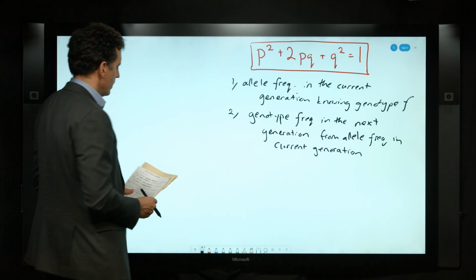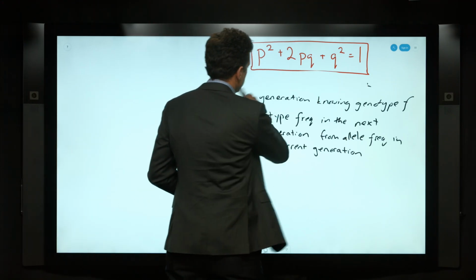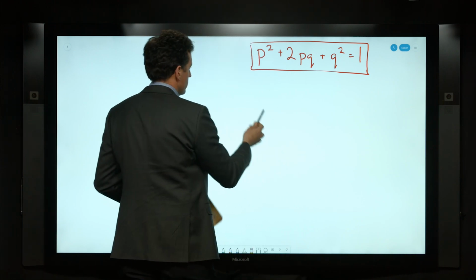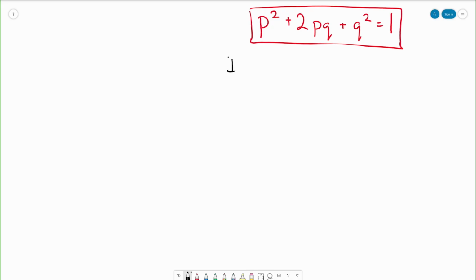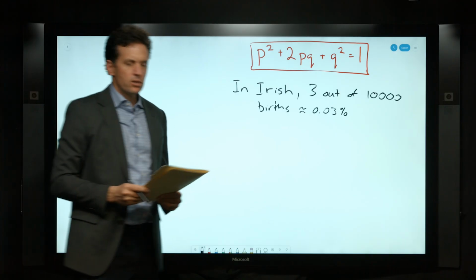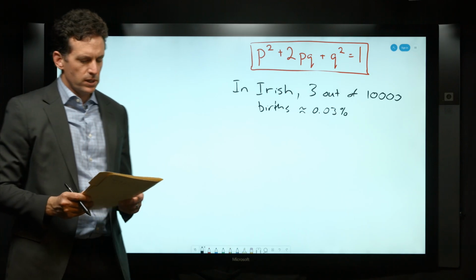The frequency of cystic fibrosis in the Irish population is 3 out of 10,000 births. That is equal to a frequency of 0.03% of births where the child is affected with cystic fibrosis.